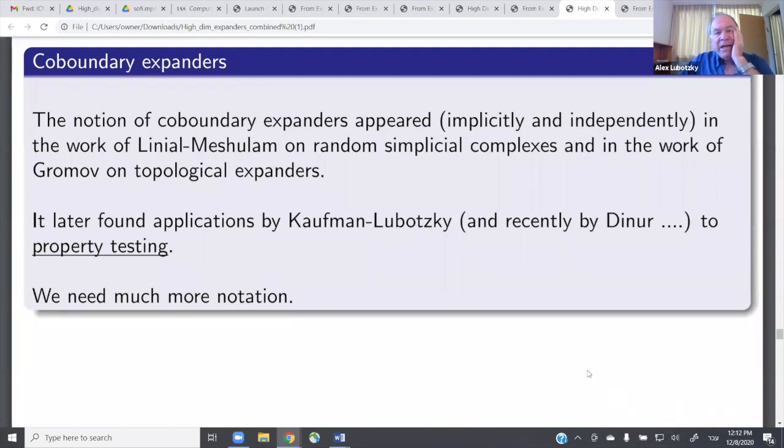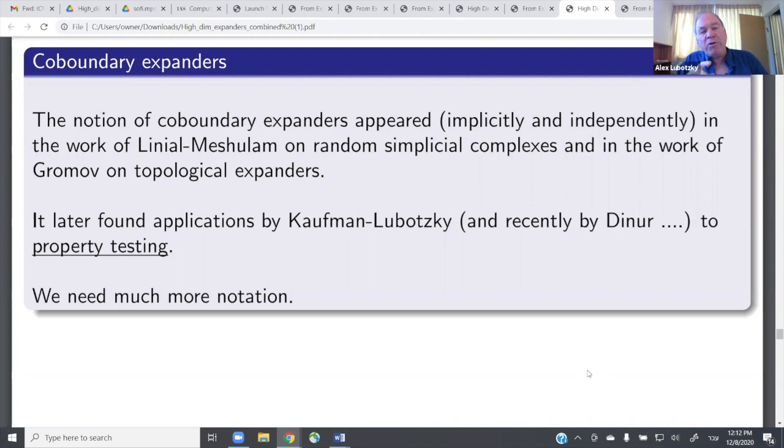Linial and Meshulam set out to develop a theory of random higher dimensional simplicial complexes, trying to imitate the classical theory of Erdős and Rényi. But listen carefully to what they took.